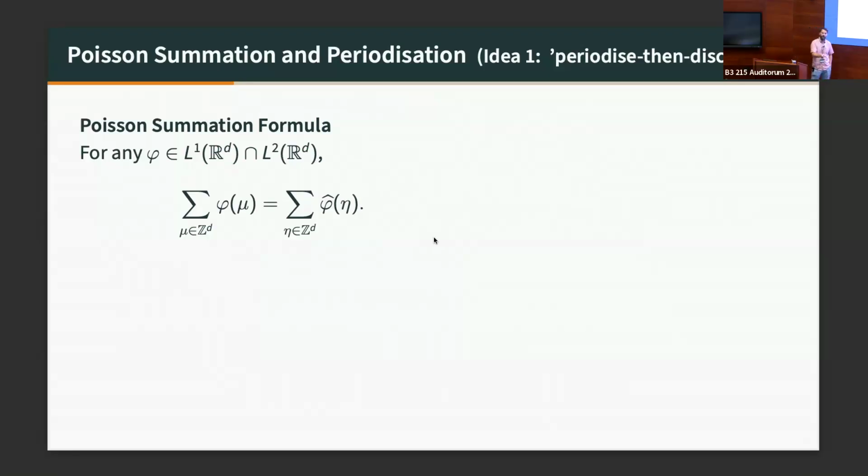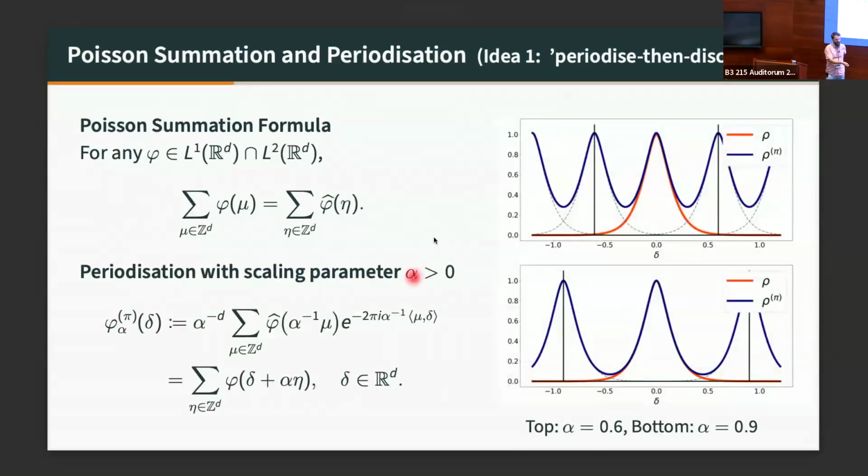The Poisson summation formula on a lattice, so this is Z^d, essentially says that if I sum over the function at these lattice points, it's the same as if I sum over the Fourier transforms of the function over the lattice, provided you have these weak conditions here.